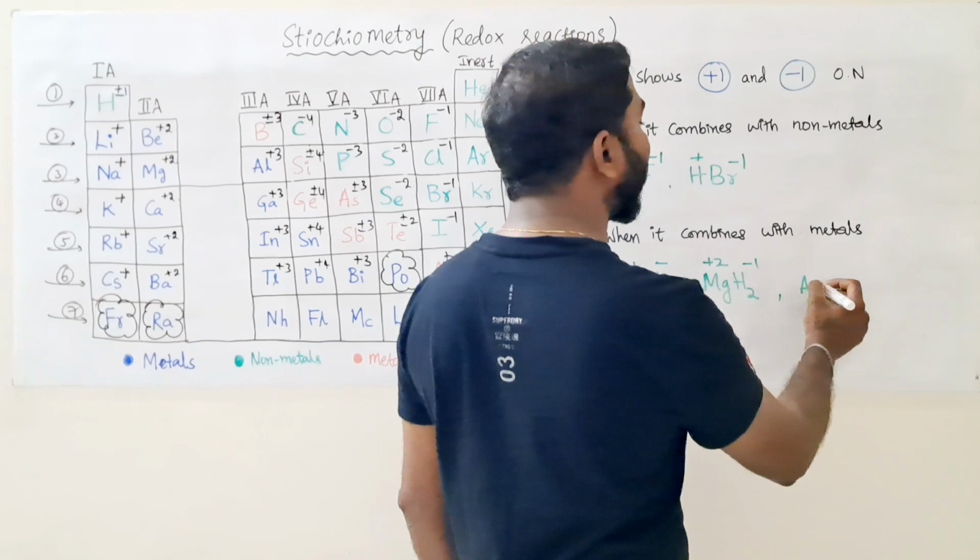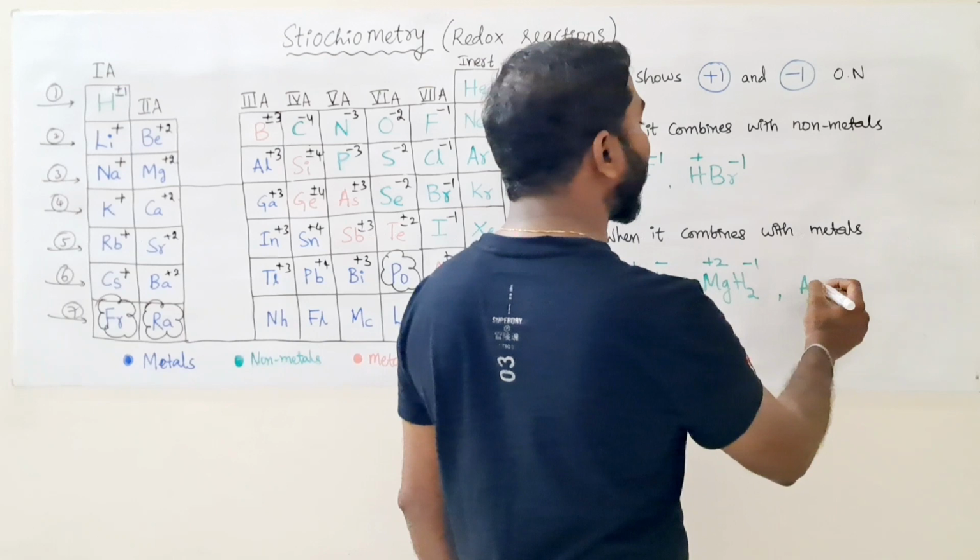When we think about chlorine, the minimum oxidation number is -1, whereas the maximum oxidation number is +7. Why? Because it is present in group 7A. It has 7 valence electrons, so it requires 1 more. That's why it is -1. Its group number is 7, so the maximum possible oxidation number for chlorine is +7.